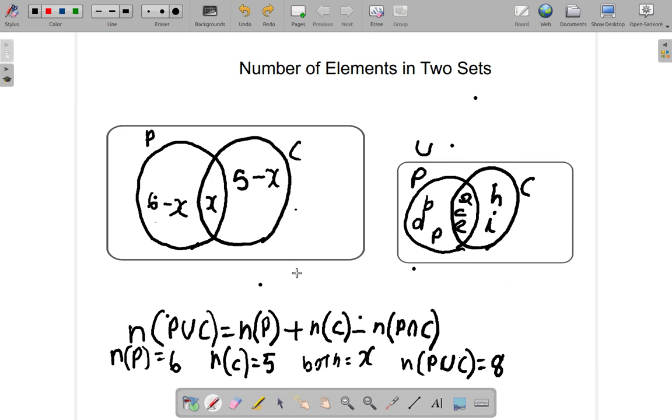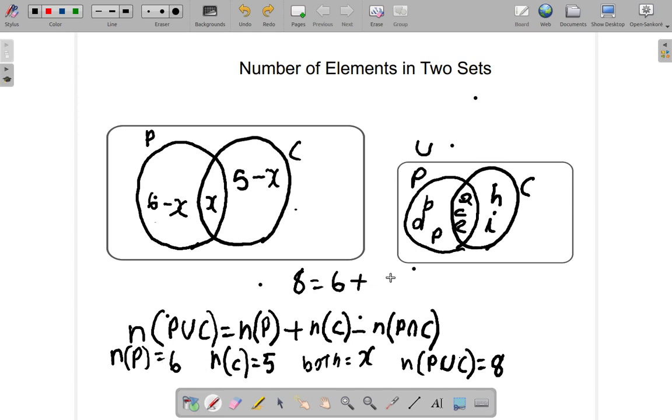Here we have number in the union is 8 is equal to number in one of them alone. Number in P alone is 6 plus, number in P, not alone. Number in P is 6. Some of them are in P alone, some of them are in other things too, but once it's in P, there are 6 of them in P according to the statement.